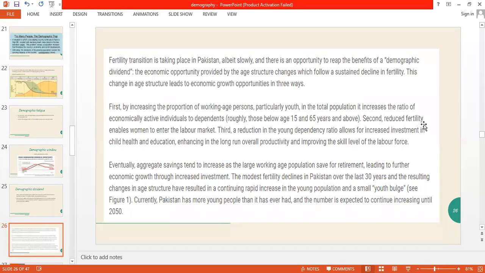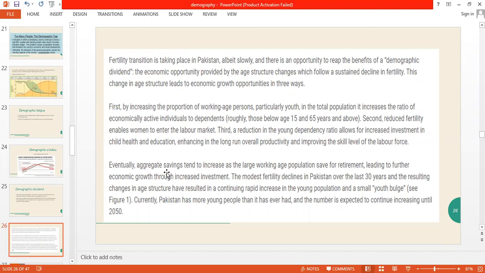Secondly, reduced fertility enables women to enter the labor market. Third, a reduction in the young dependency ratio allows for increased investment in child health and education, enhancing overall productivity in the long run and improving the skill level of the labor force.